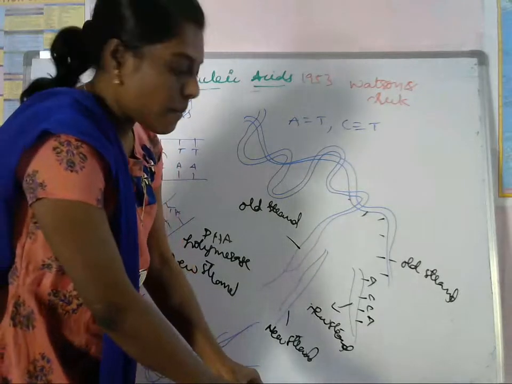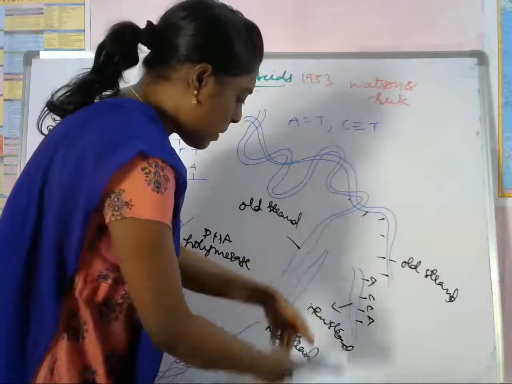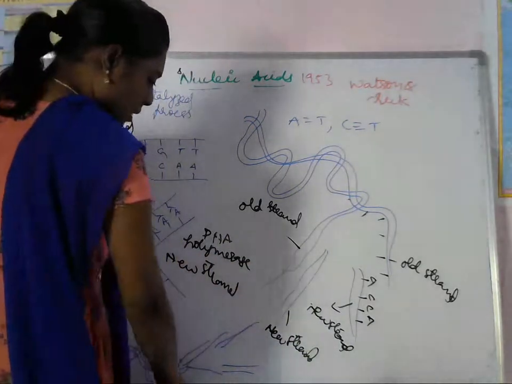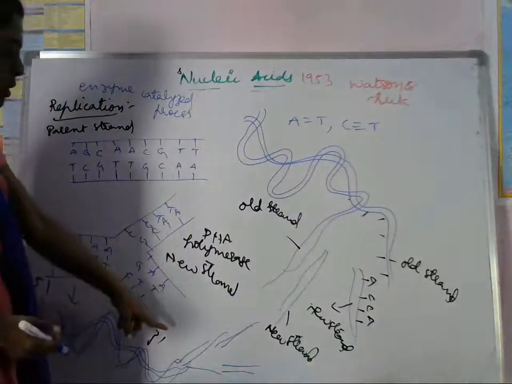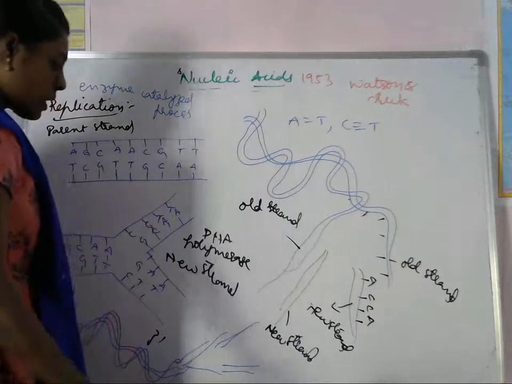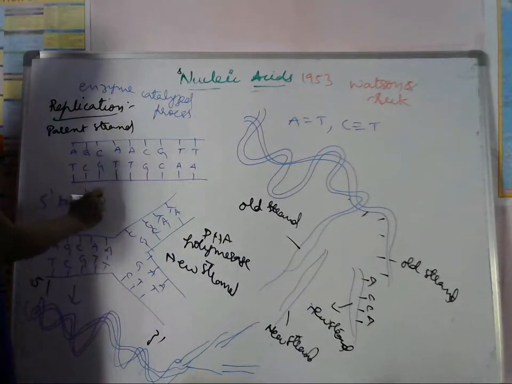Here the 5' mononucleotide and the free 3' hydroxyl groups will be present. Both new strands are in the 5' to 3' direction.